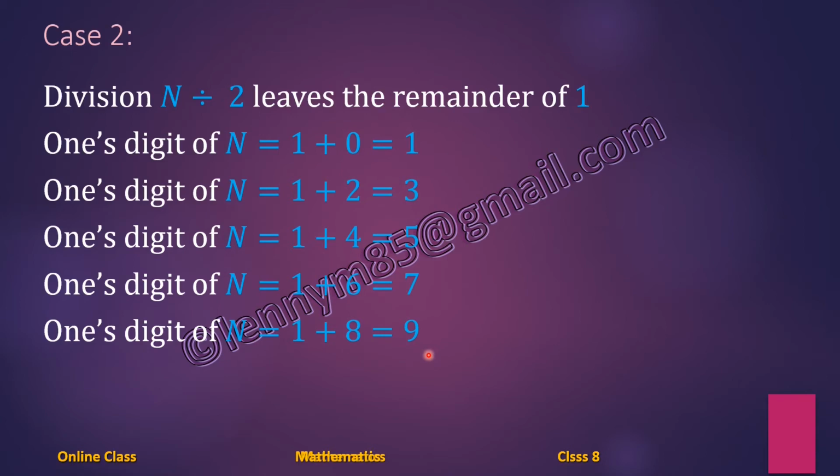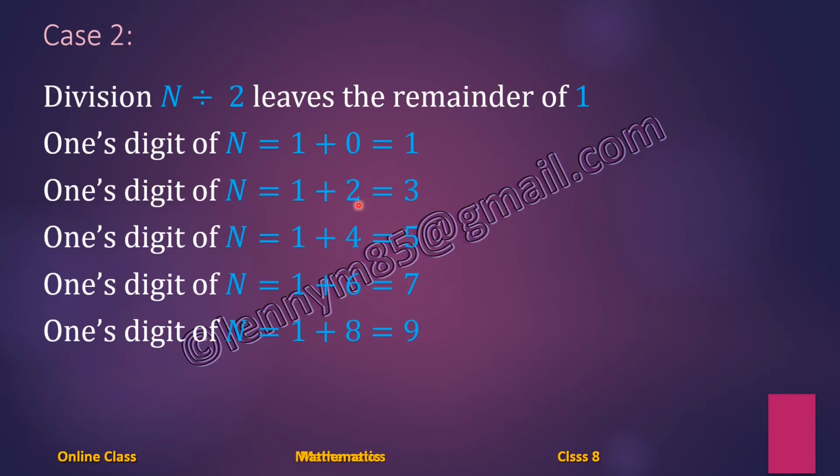Why did I write 0, 2, 4, 6, 8 here? Recall divisibility by 2. If a number is divisible by 2, then the ones digit of n is 0 or 2 or 4 or 6 or 8.